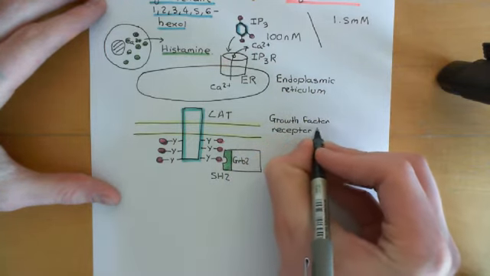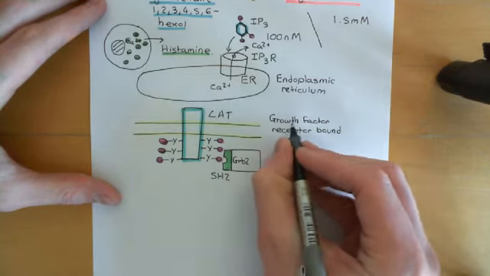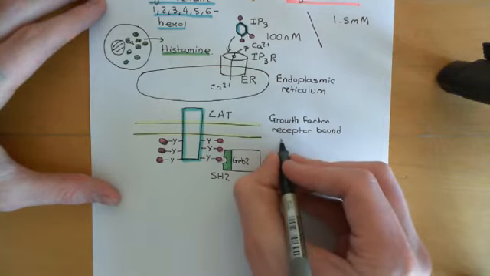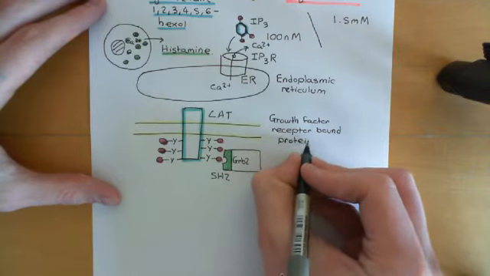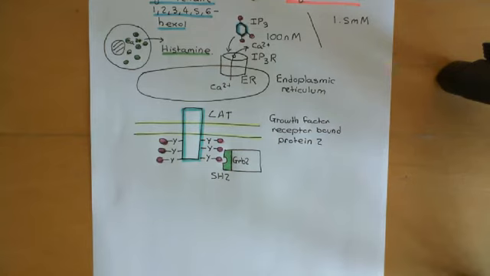So it often is recruited to phosphotyrosine residues on the intracellular aspect of a growth factor receptor, which are usually examples of receptor tyrosine kinases. So growth factor receptor bound protein 2: the G stands for growth factor, the R stands for receptor, the B stands for bound, and then it's protein 2.